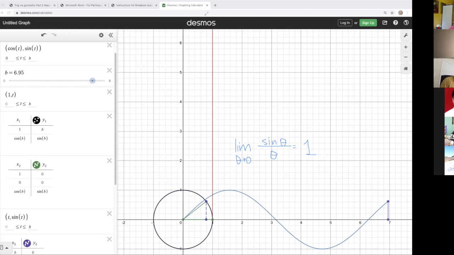So this is actually a geometric fact. And it's the basis of all the calculus of all of the trigonometric functions. Without this geometric fact, you cannot understand the analysis of trig functions, the calculus of trig functions in a deep way.